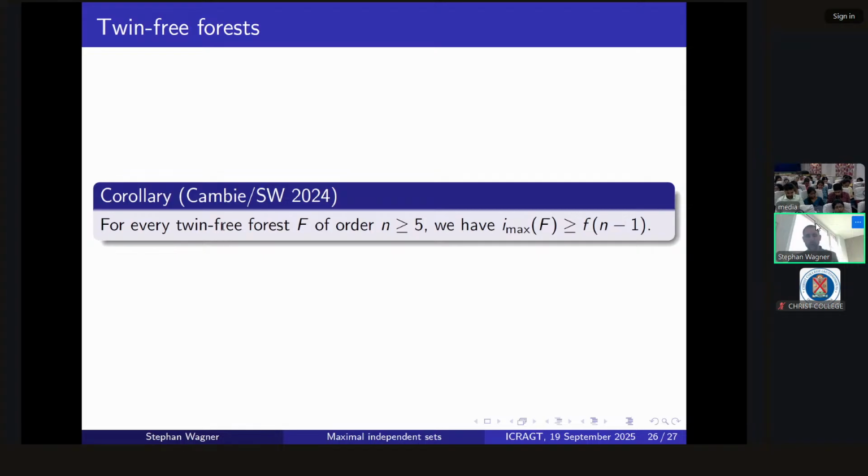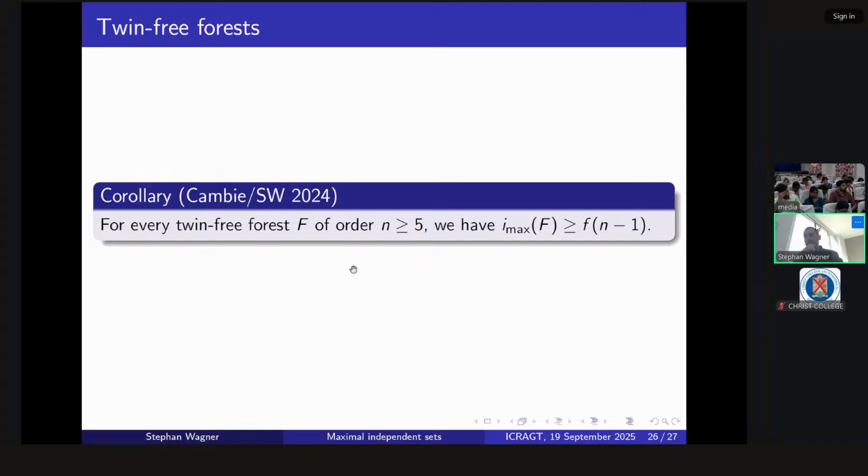For every twin-free forest of order n, the number of maximal independent sets is at least the minimum number of maximal independent sets in a tree of n-1 vertices. So the best I can do is to take an optimal tree with n-1 vertices and add one isolated vertex to it. That will not change the number of maximal independent sets, because that isolated vertex has to be a member of every possible maximal independent set.